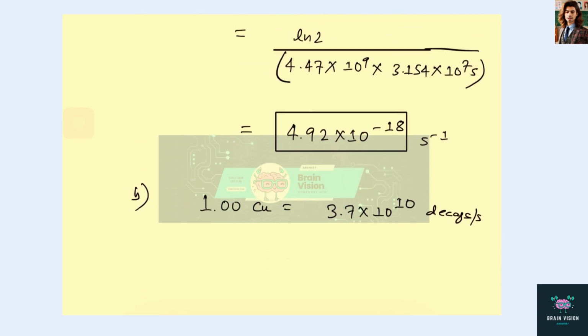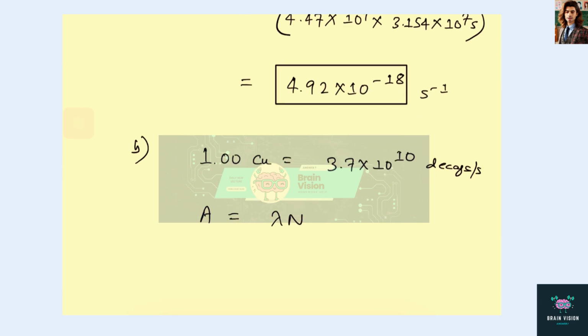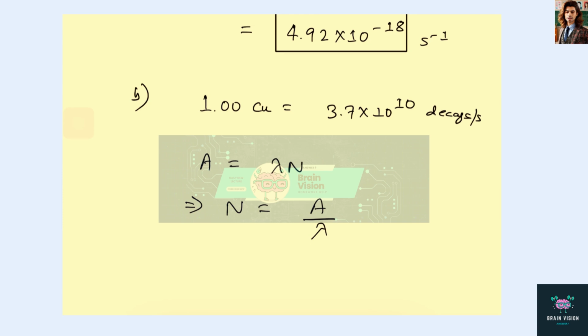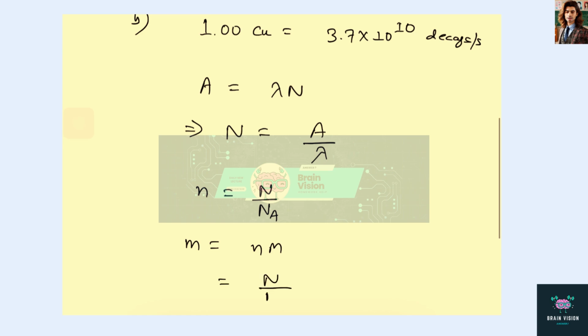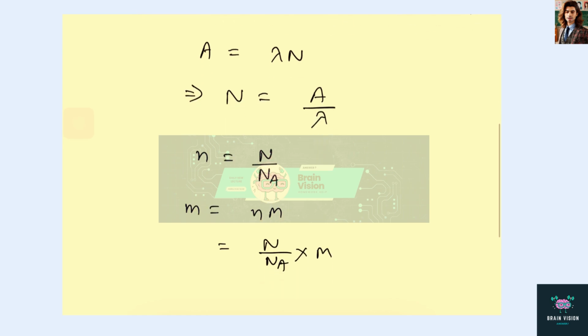Activity is equal to lambda times the number of particles, so the number of particles will be activity upon lambda. The number of moles will be number of particles upon Avogadro's constant, and mass will be number of moles times molar mass. So N is A upon lambda, times molar mass.